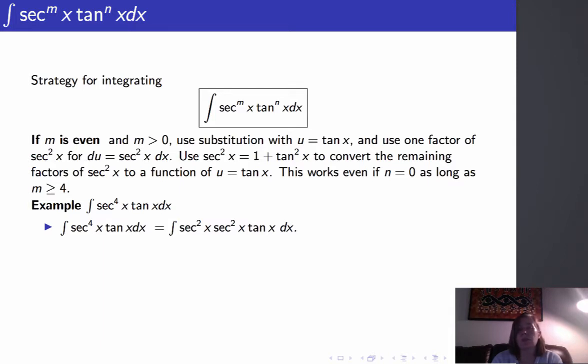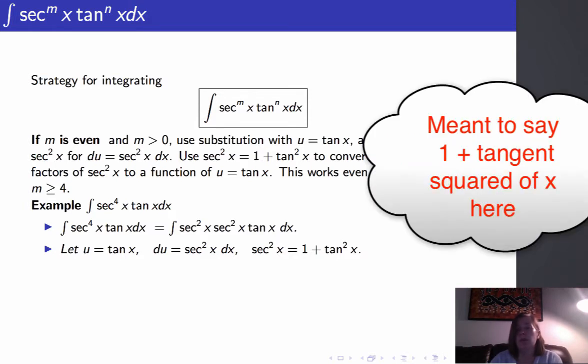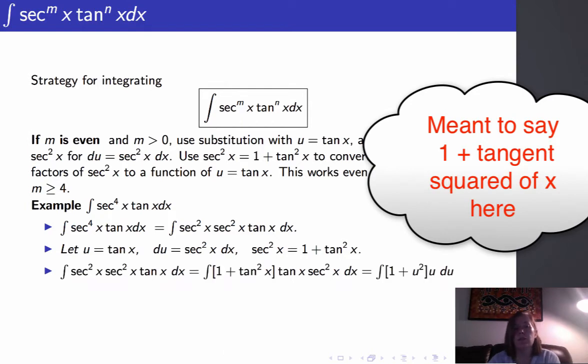It's equal to secant squared times secant squared, and the tangent of x can be converted to u directly. So letting u equal tangent of x, we have du is secant squared x dx, and secant squared of x can be converted to a function of u as 1 plus u squared.